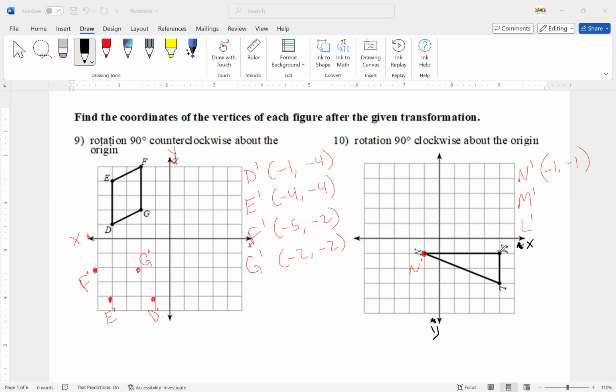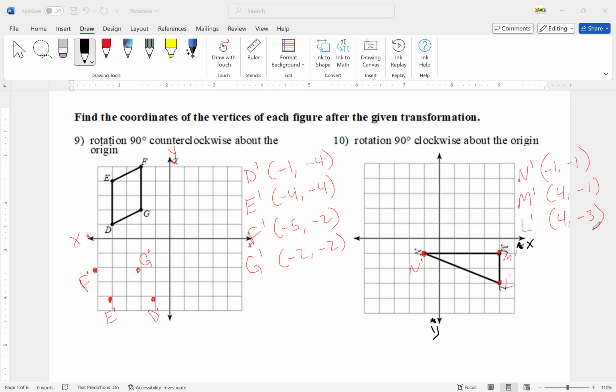How about M prime? This is where M finished. And I say finished because remember how I already rotated 90 clockwise? This is M, so that's M prime. My coordinates of M prime are going to be 4, -1. How about L prime? Well, that's where L finished, so that's going to be L prime. And my coordinates of that one are 4, -3.